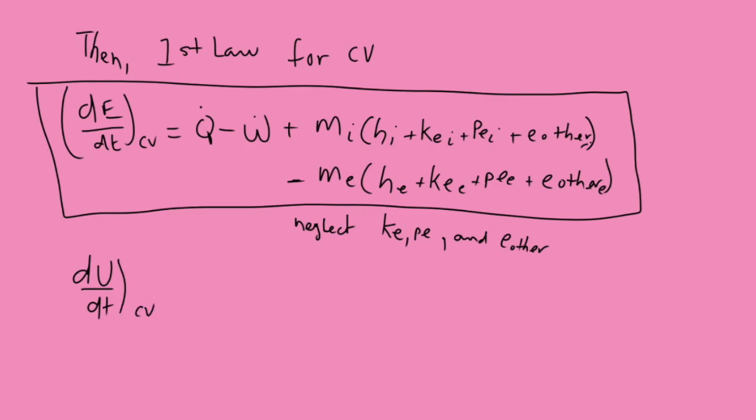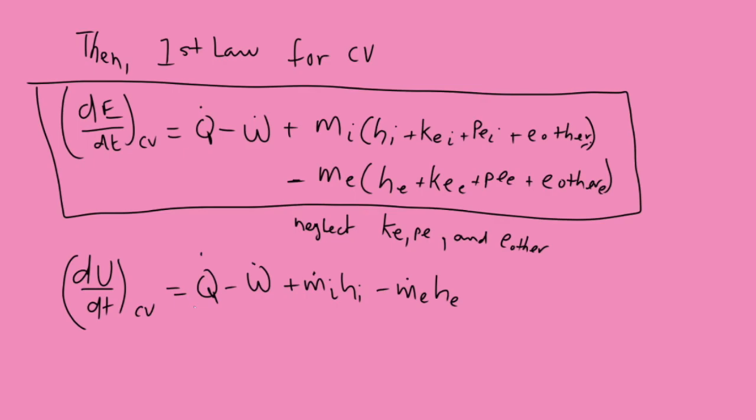So dU/dt of the control volume is equal to Q dot minus W dot plus m dot i hi minus m dot e he. So it really simplifies the equation now to basically the difference between an enthalpy times the mass. And then of course we account for the heat transfer across the control surface and the work transfer across the control surface.